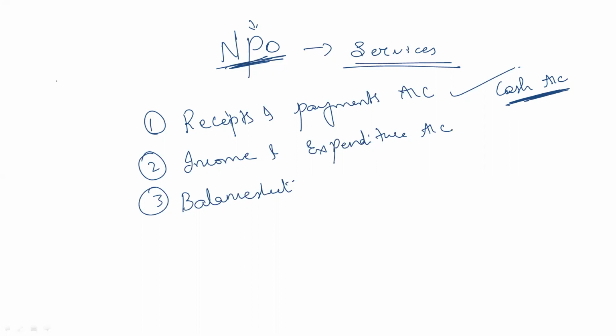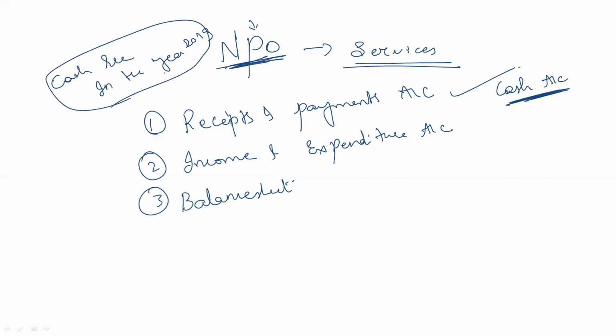Suppose it's given that cash was received in the year 2019, whereas we are preparing the receipts and payments account for the year 2021. Still we will take this transaction into consideration.